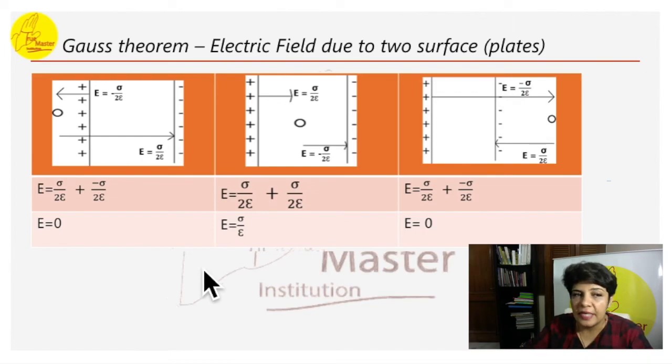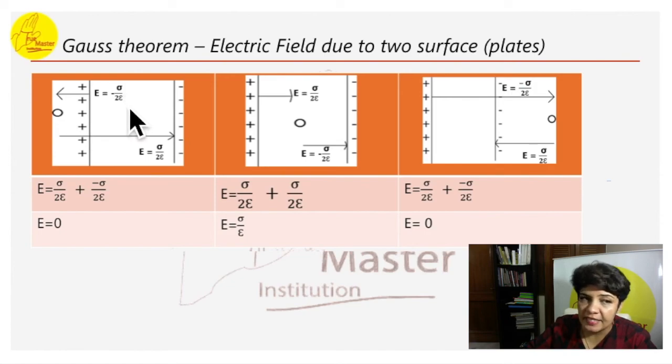Now let us consider case 1, case 2 and case 3. Studying case 1, when the point is on the left side, we note the electric field from the positive plate. Coming from the number line 0 in this direction, it will be E is equal to minus sigma by 2 epsilon naught.